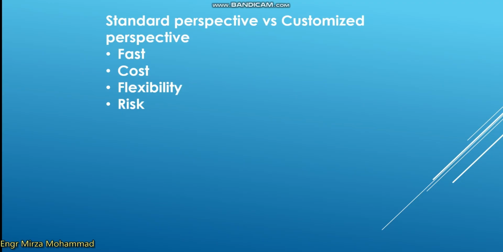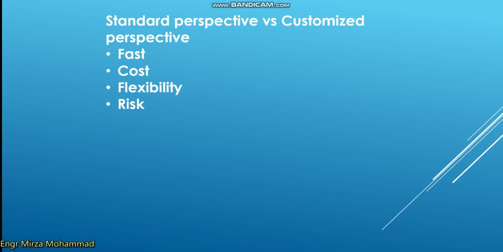When it comes to cost, then obviously the customized perspective is more expensive because we have to customize it and prepare it according to the individual preference or the respective project that we are working on. If we think about flexibility, the customized perspective is more flexible than the standardized perspective, because in case of the standardized perspective we are given a set of rules, and based on those rules we have to execute it.